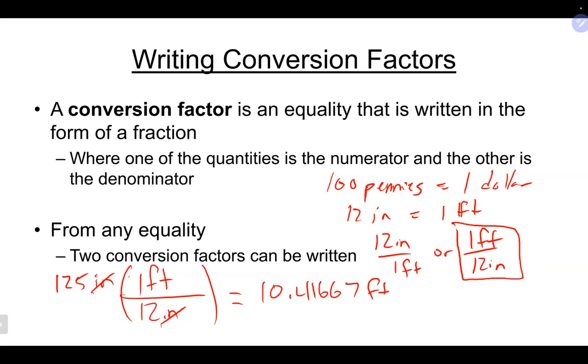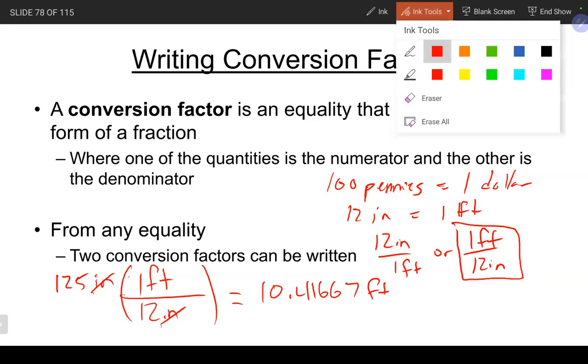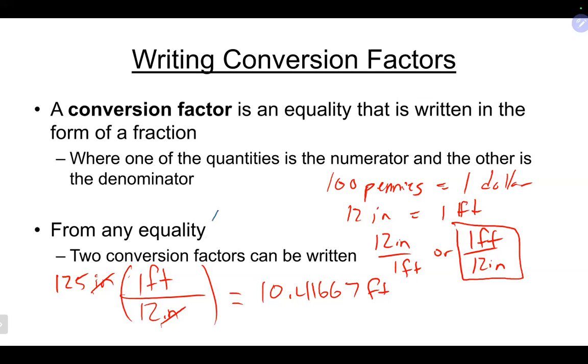In the case of this one here, this is one of those exact numbers, because it's a definition. It's an English to English conversion. So that is an exact number, which means when we go to figure out our answer, we ignore its contribution, because it could have as many sig figs as you want.